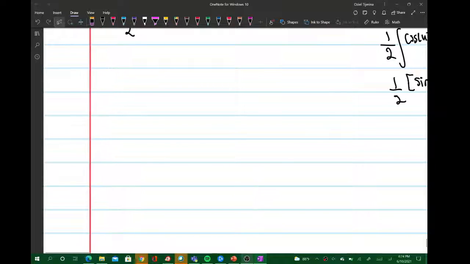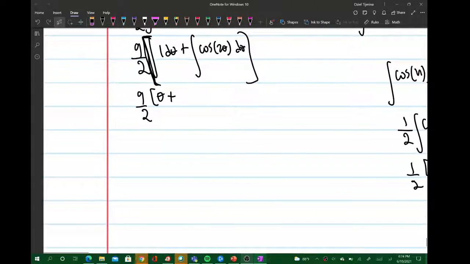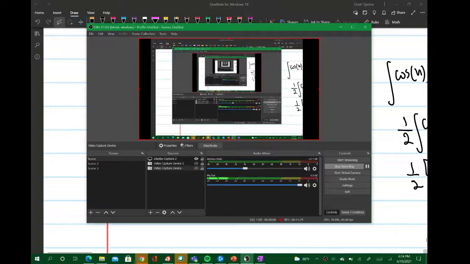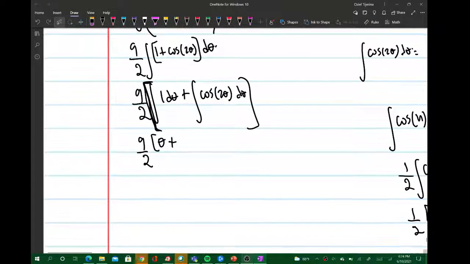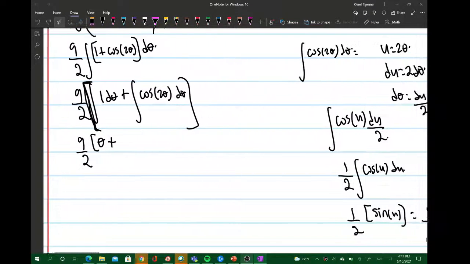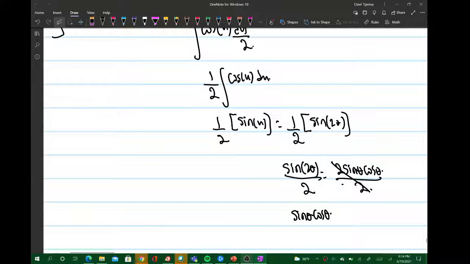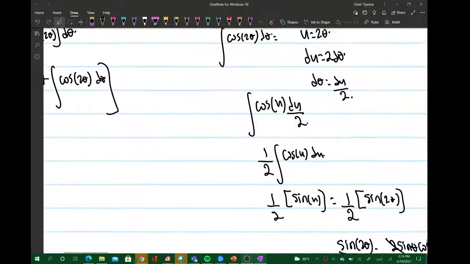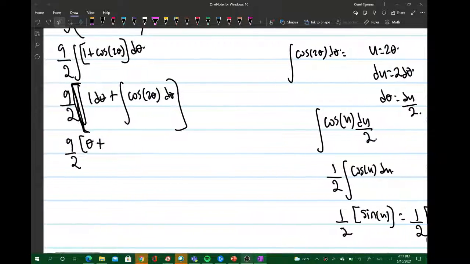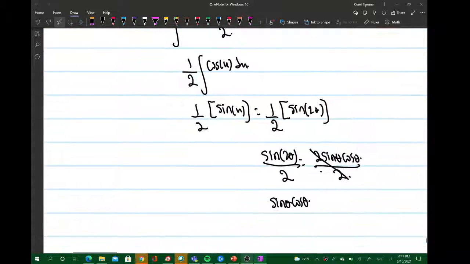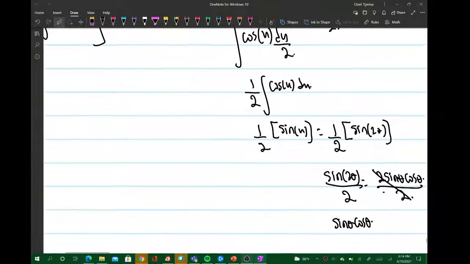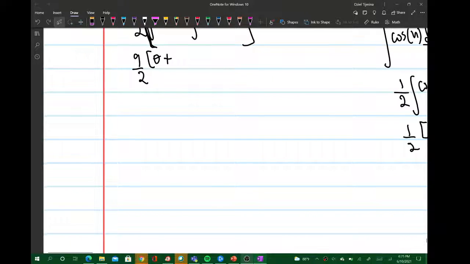So in reality, we will have theta plus sine theta cosine theta.